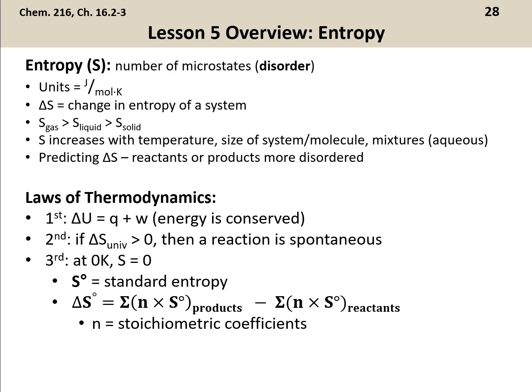And then we have these 3 laws of thermodynamics. We already talked about the first one before. The second says that the universe likes disorder. And the third says that at 0 Kelvin, S is 0. So we can use this equation right here to figure out delta S for a reaction.